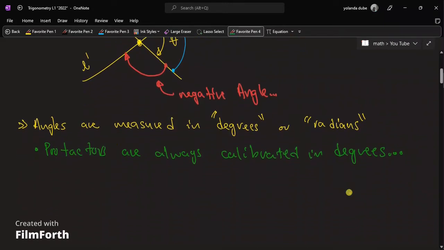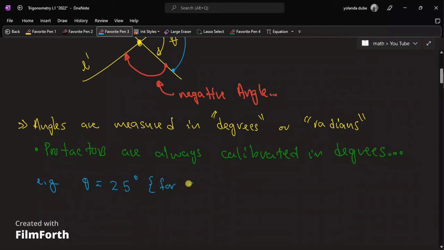So now what you have to know is to distinguish between an angle that is measured in degrees and one in radians. If you have an angle that is measured in degrees, this is how you write it. So let's say you measure an angle with a protractor, and you get 25. If it's in degrees, that's how you write it.